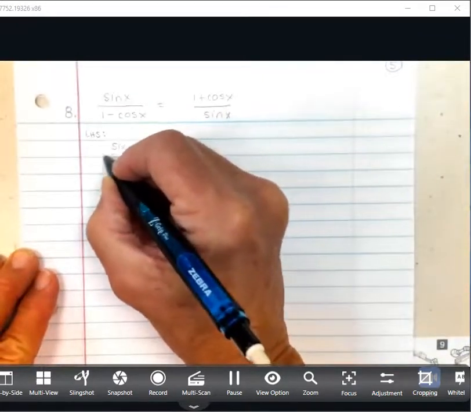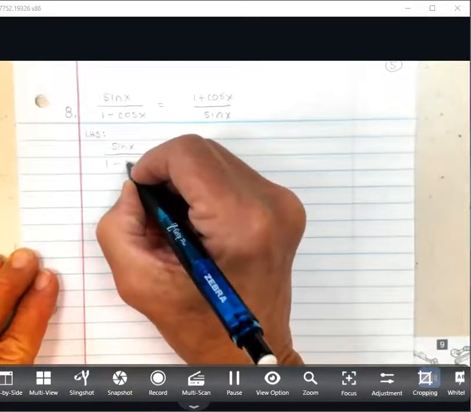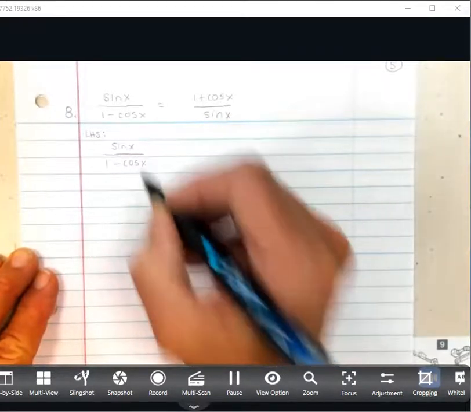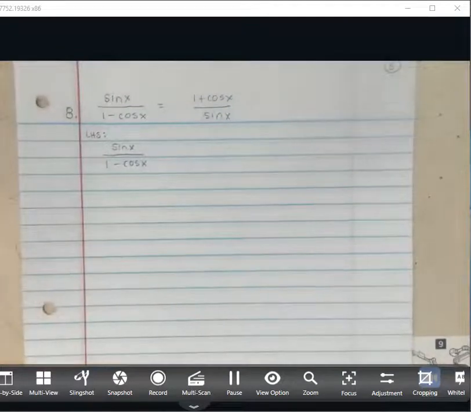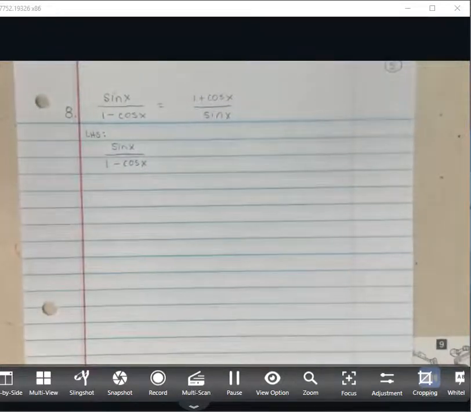Well, we've already gotten things written in terms of sine and cosine. So I don't have that available to me. I can't split that up into two fractions because 1 minus cosine of x stays together.